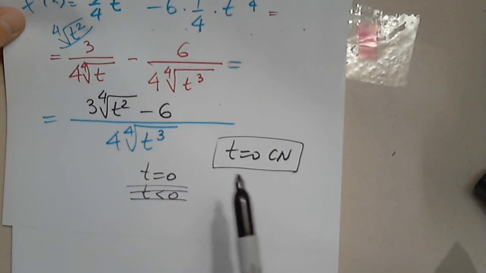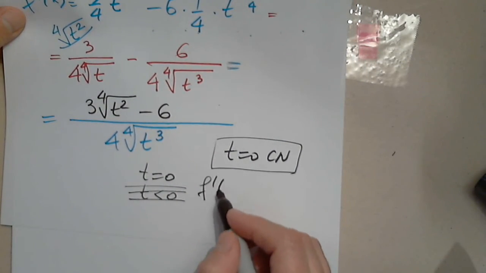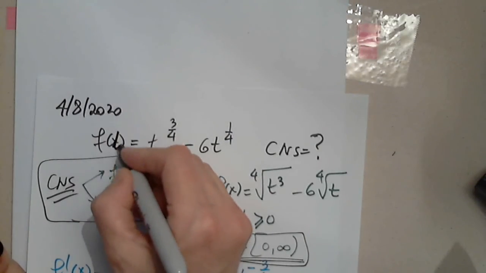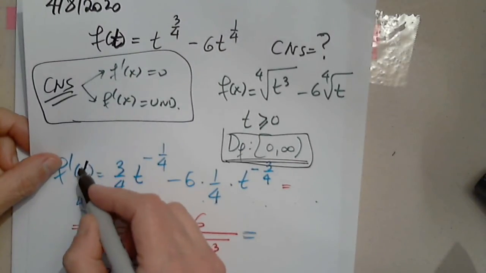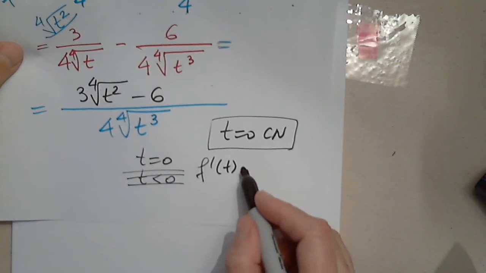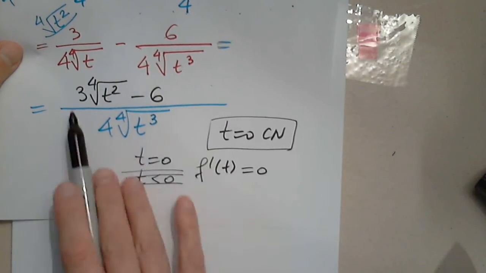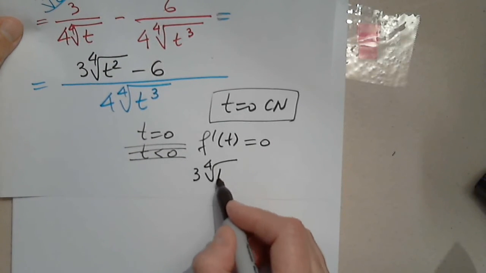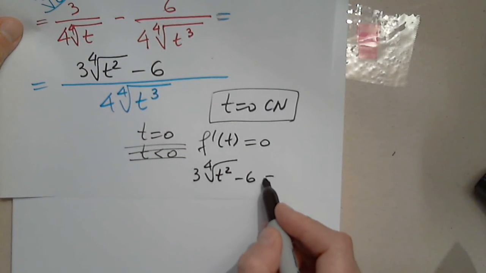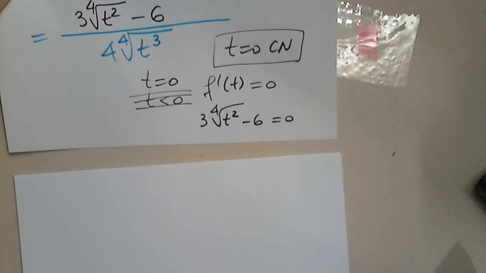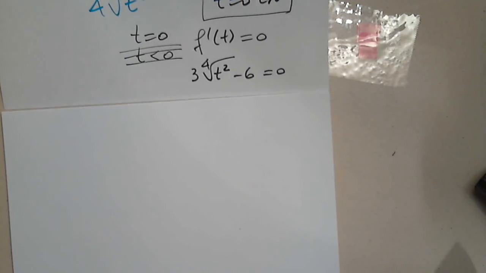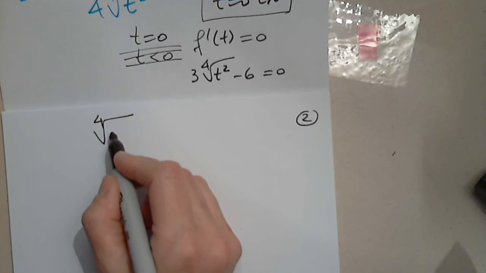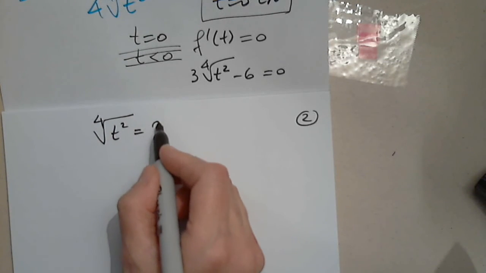The next possible situation is when f prime of t is 0. A fraction is 0 when the numerator is 0. So 3 times the fourth root of t squared minus 6 is 0. I will divide both sides by 3, and I get that the fourth root of t squared equals 2.